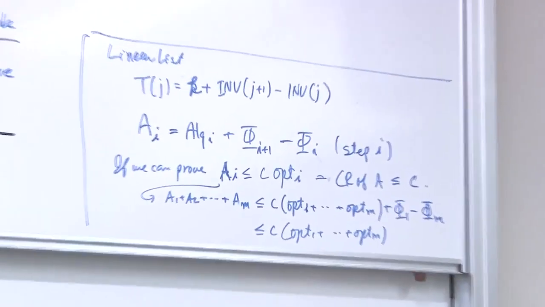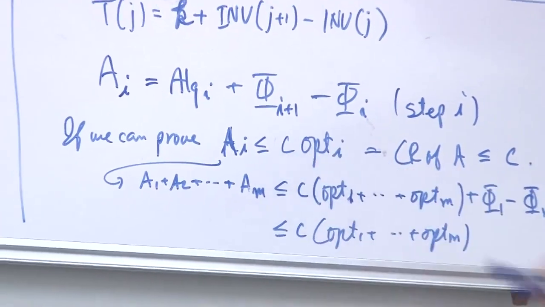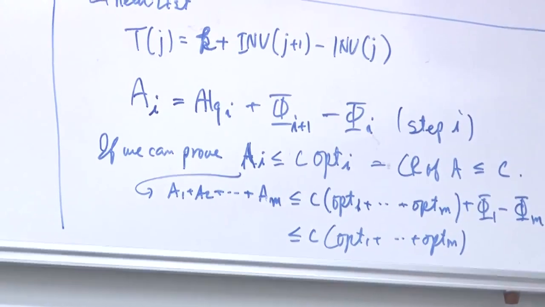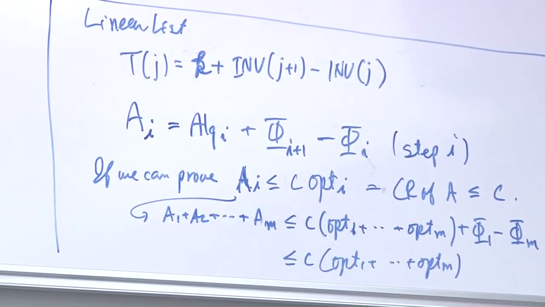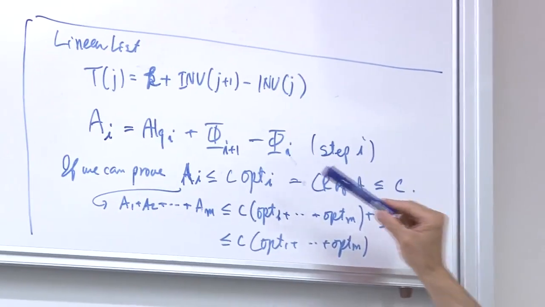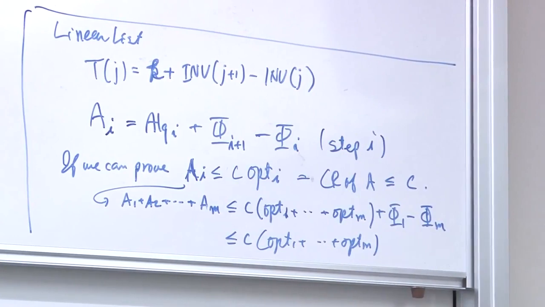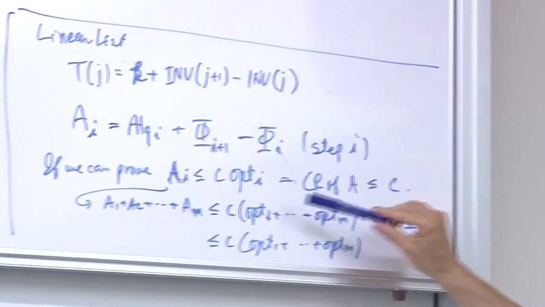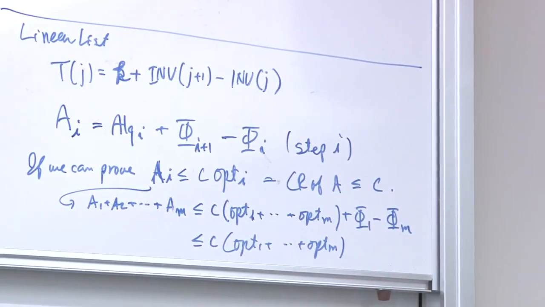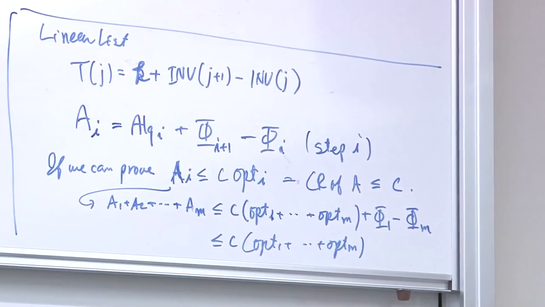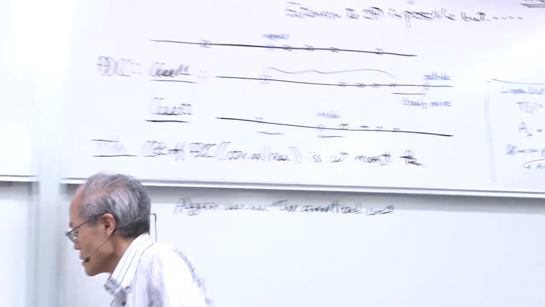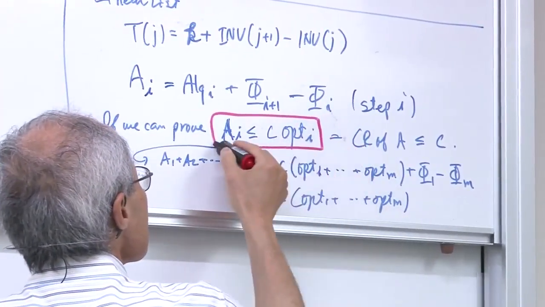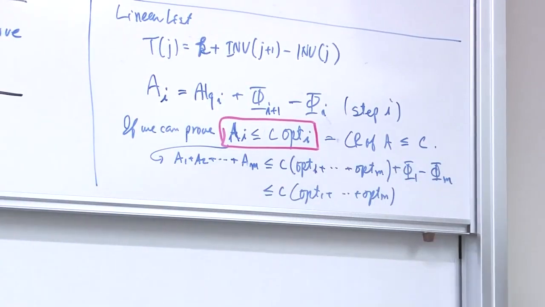If you can prove this inequality, then just sum up the whole cost of this side, then this side, and those terms just cancel. This is exactly what we did last time. So our goal is to prove this. Then we are done.